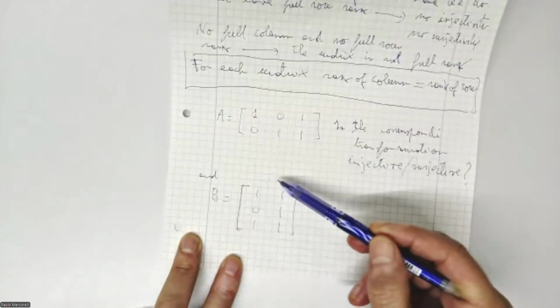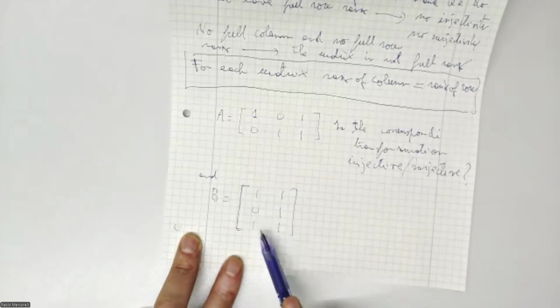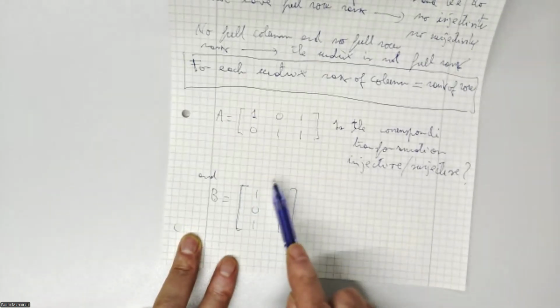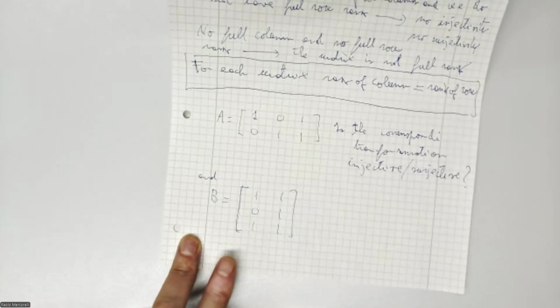But now, look, in a vertical matrix, this means injective, because the number of rows is larger than the number of columns.